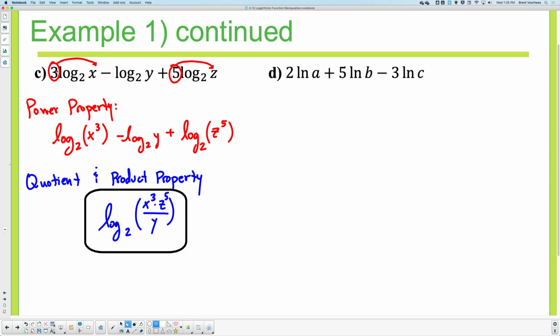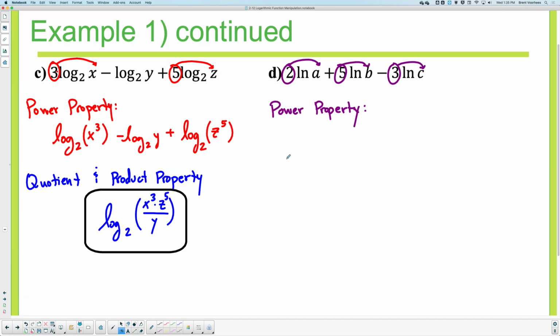All right, we're going to do this one more time. Jessica, you want to start us off? What do I do with the 2, the 5, and the 3? That's right. They become, respectively, the powers of A, B, and C. Good. What property is this going to be called? This is the power property. What does ln mean? Natural log.